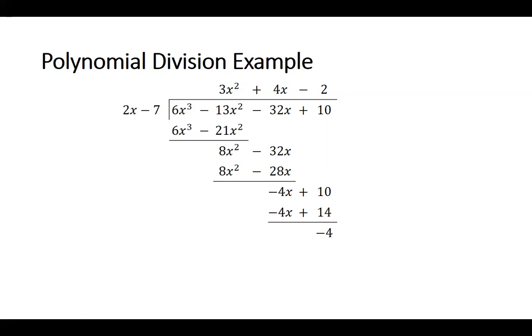So we have 3x squared plus 4x minus 2, minus 4 over 2x minus 7. So that's our example of polynomial division. You should have done this in the past. If you don't remember polynomial division, then by all means go and look it up and watch some examples for it.